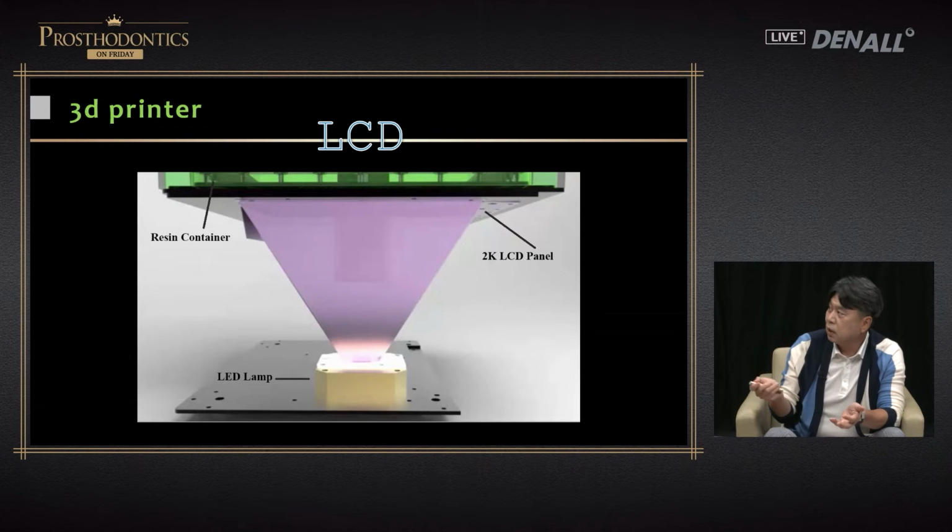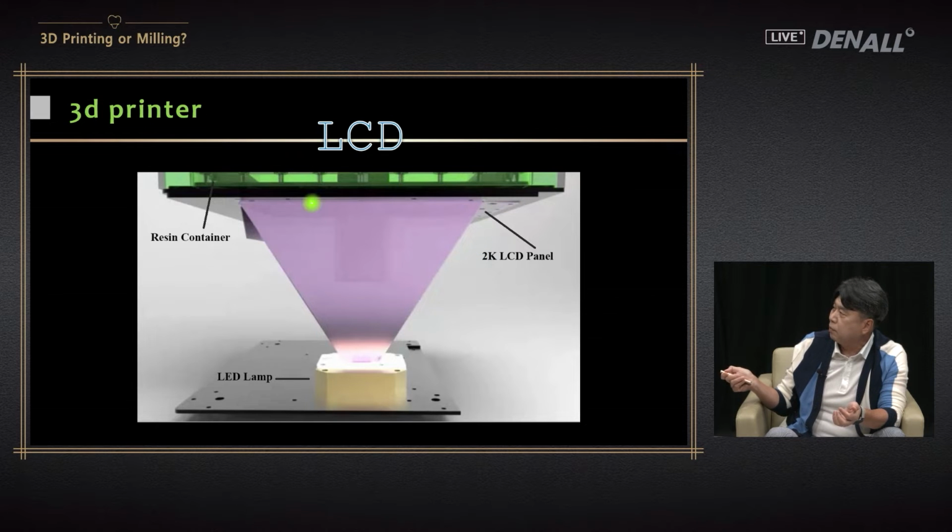This is similar to what we saw before. This is the water tank, and below here, the light is irradiated. DLP had projection of image from below, but there's an LCD panel right beneath the water tank.